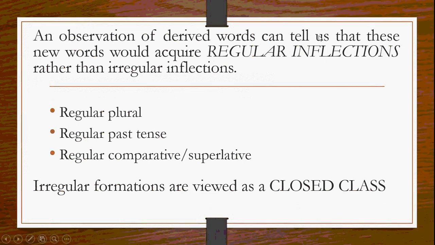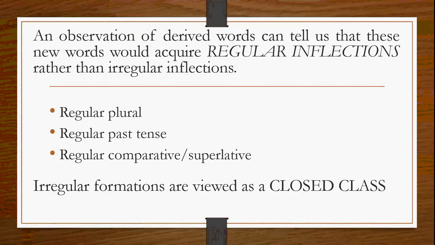Okay, so here, an observation of the right words in terms of this word normally take regular inflections. We already talked about irregular inflections, zero morpheme, internal changes, suppletion, right? Try to remember all of that.